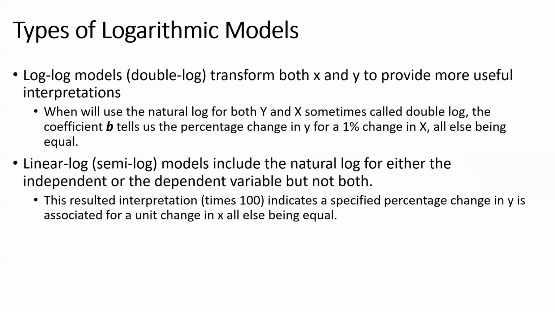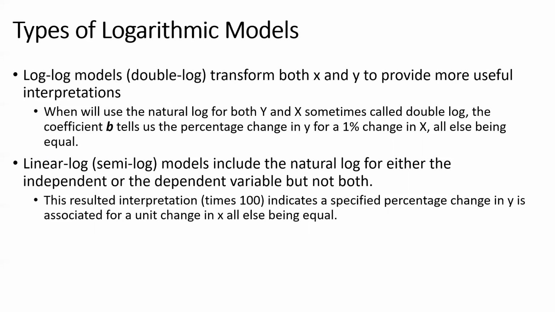So there are a couple of types of logarithmic models. Log-log models, which are sometimes called double log models, transform both independent and dependent variables. So both the x and y are plotted on a logarithmic scale, converted to logarithms, and this can provide more useful interpretations.